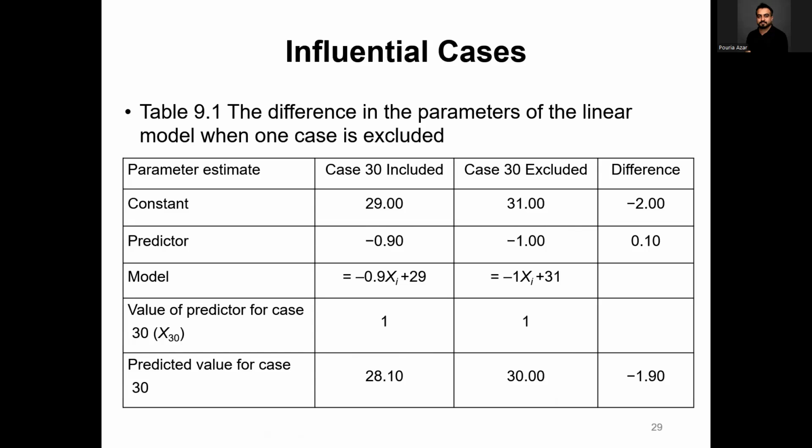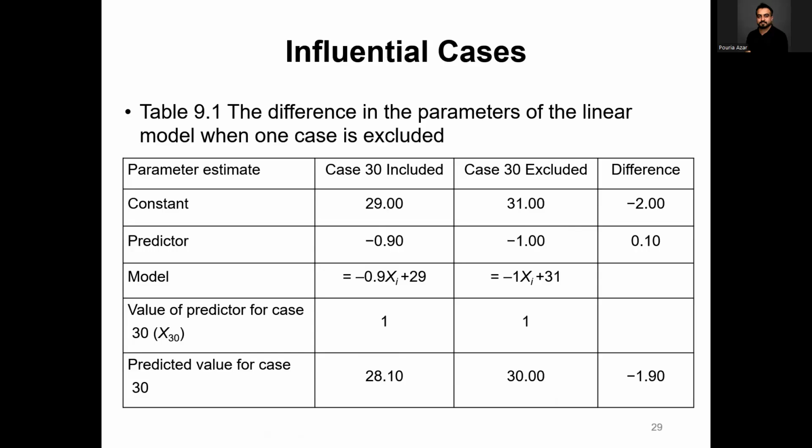So study ID number 30 is an influential case, an outlier. In this table, we have case number 30 included and case number 30 excluded, and this table measures the difference between the two conditions.